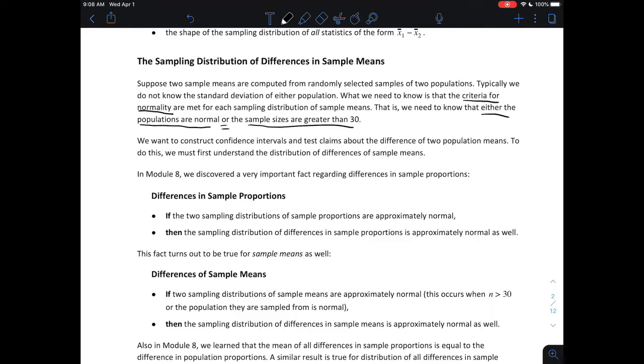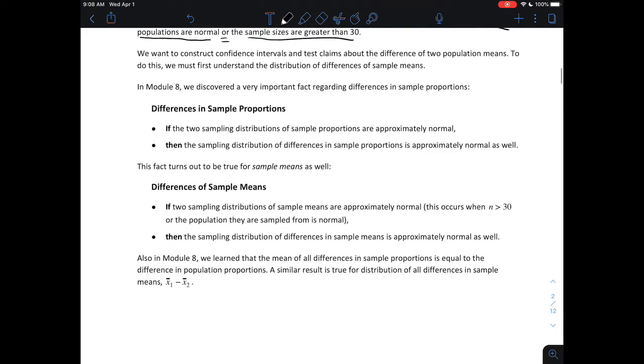For differences of sample means, if two sampling distributions of sample means are approximately normal, this occurs when our criteria is met, sample size is greater than 30 or the population is normal, then the sampling distribution of differences in sample means is approximately normal as well. Also in Module 8, we learned that the mean of all differences in sample proportions is equal to the difference in population proportions.